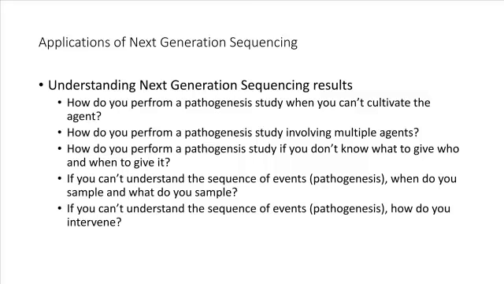When to collect samples? Do we collect them from the serum, from the feces, from nasal swab or conjunctival swab? So when we're finding all these things, how do you perform a pathogenesis study when you've got 6 different viruses coming out of the pig?